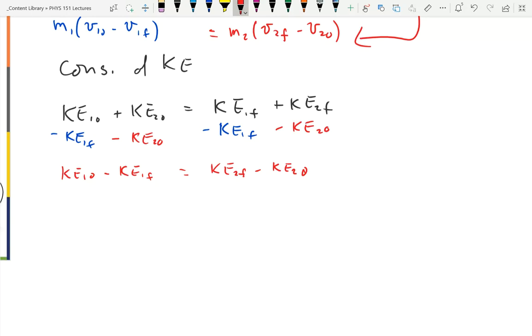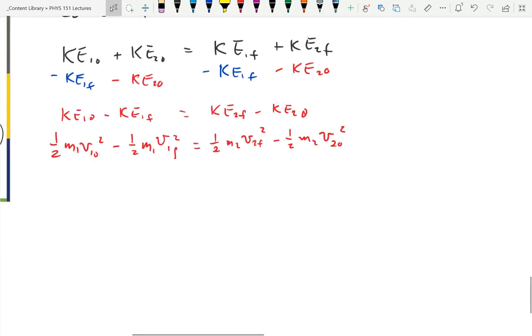So I need to put 1/2 m1 v1 initial squared minus 1/2 m, and the 1/2, and the 1/2. Make sure we realize that was a V1 final.